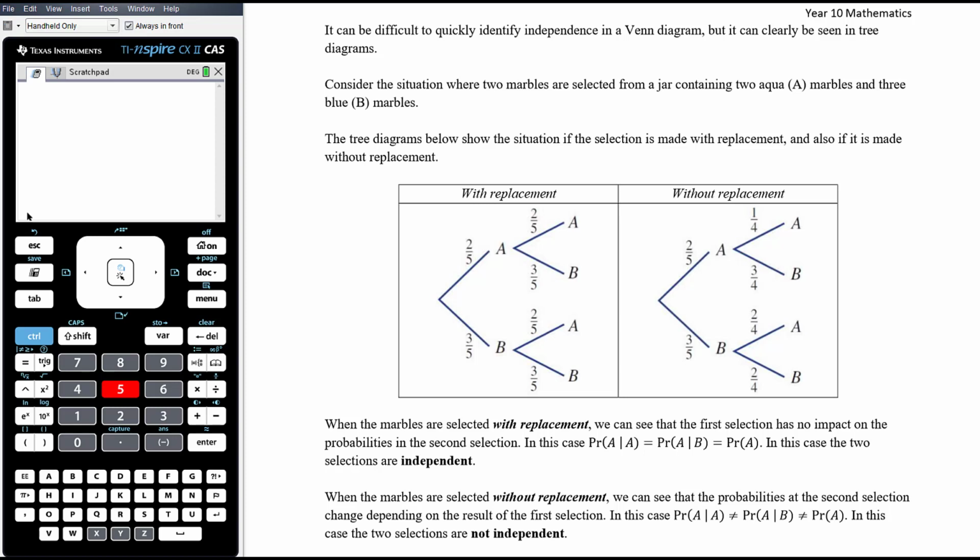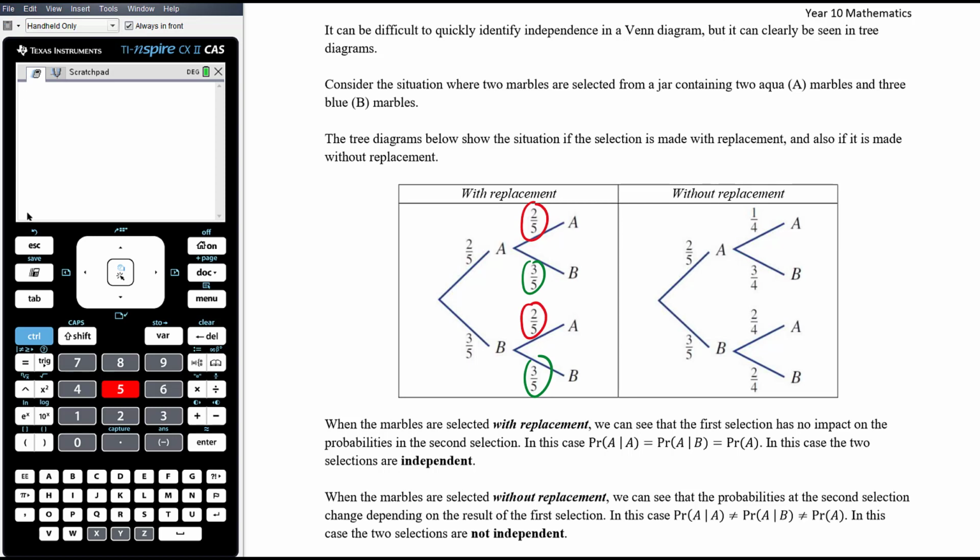If we replace the marble, there's a 2/5 chance of choosing an aqua marble at the first selection and a 3/5 chance of choosing a blue at the second selection. If we replace the marble, there's still a 2/5 chance and a 3/5 chance. So what we're seeing here is if we have independence, these probabilities and hence also these probabilities should be the same.